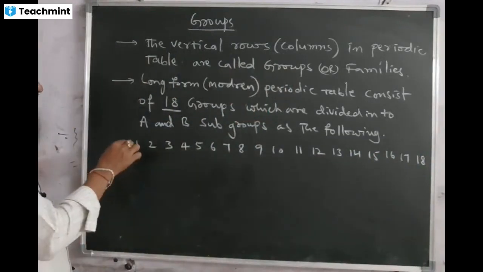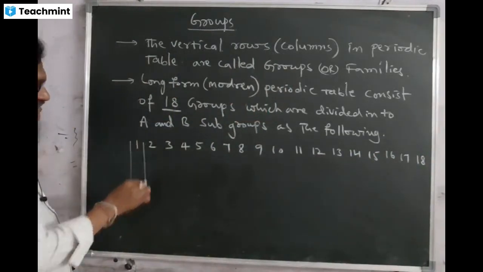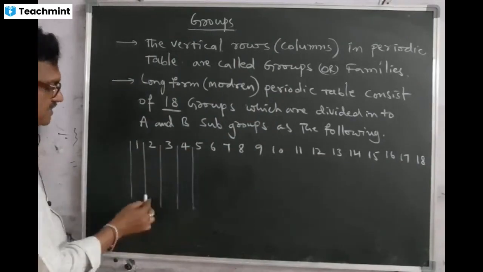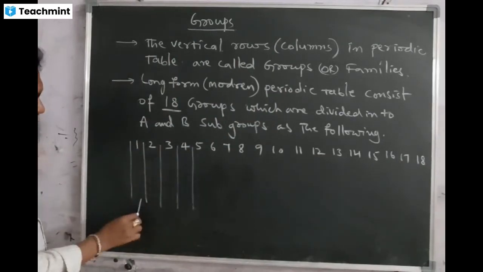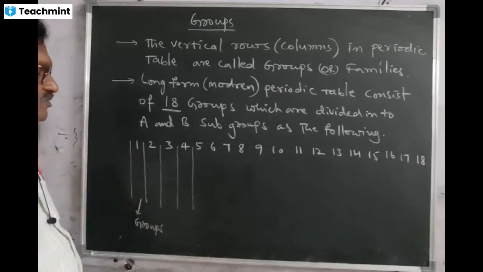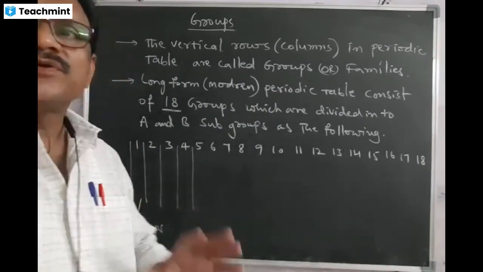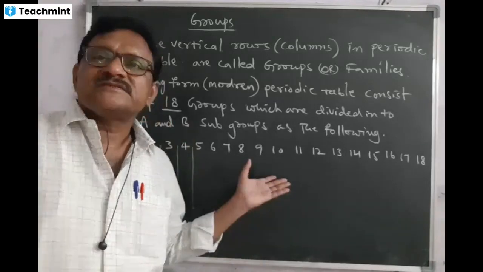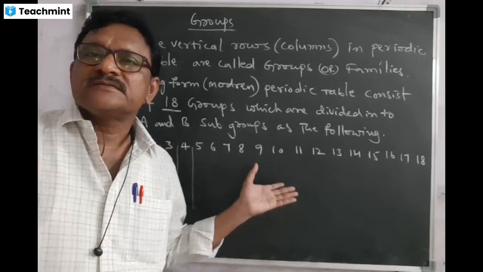So completely see these vertical columns. What are these called? These are called groups. You know this? So how many vertical columns, groups, are present in the periodic table? A total of 18 groups. Do you follow this?